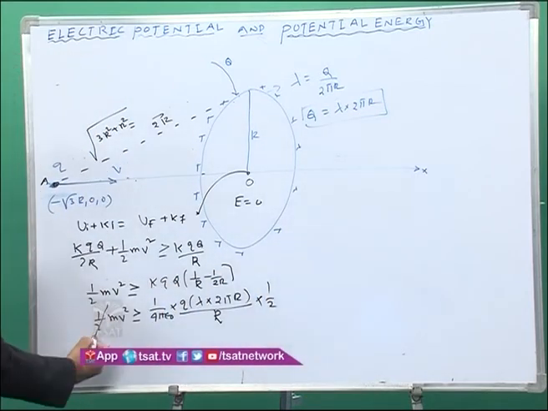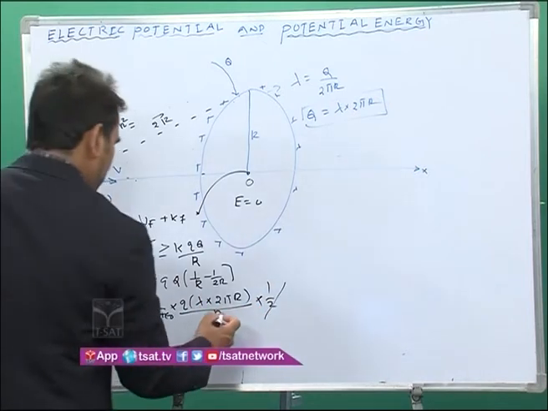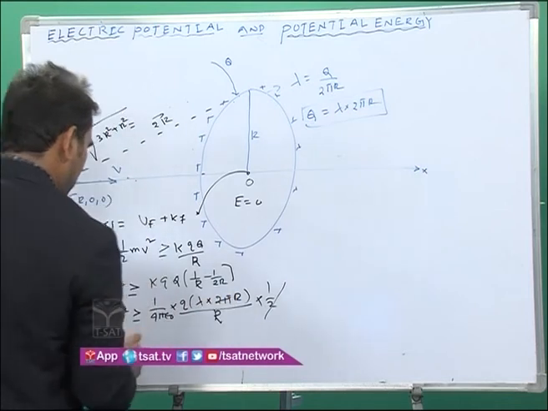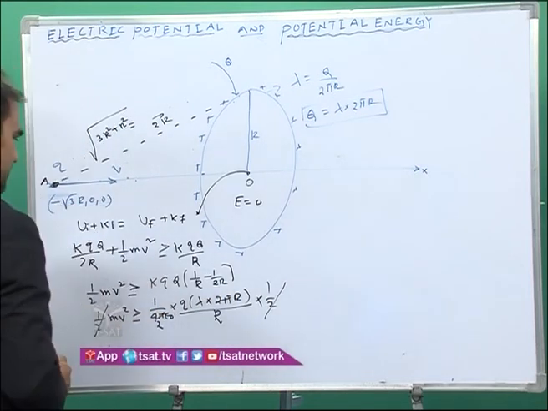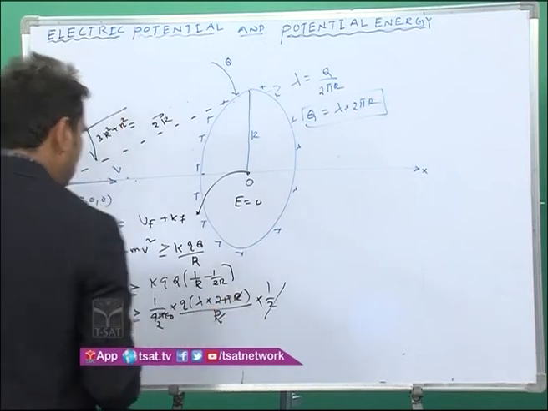So here 1 by 2 on both sides gets cancelled, and 2 pi also gets cancelled, 1 r also gets cancelled.